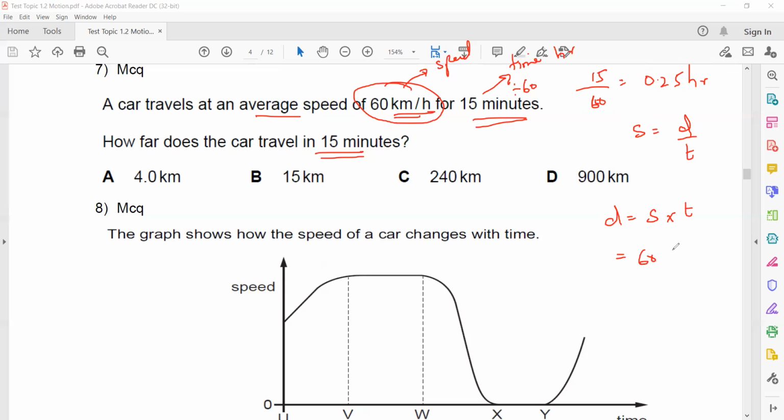Speed is 60 kilometers per hour and the time in hours is 0.25. So it will travel 15 kilometers. Is it clear? This is question 7.